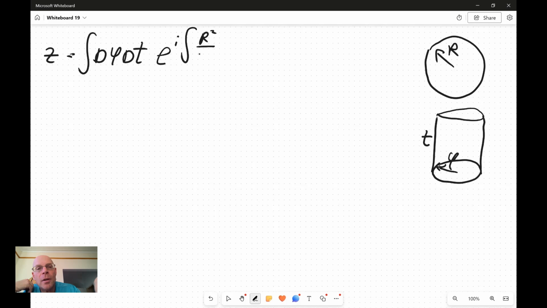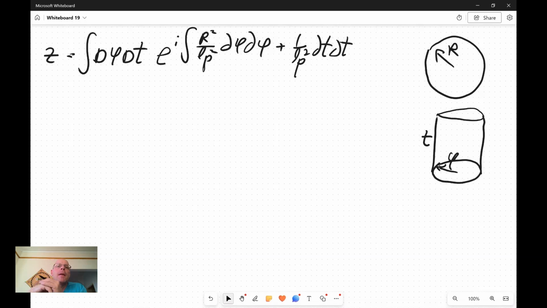r squared divided by L Planck squared d phi plus 1 over L Planck squared dt. Okay, so in string theory, phi and t are fields, and this is the partition function of a string propagating in such a universe.